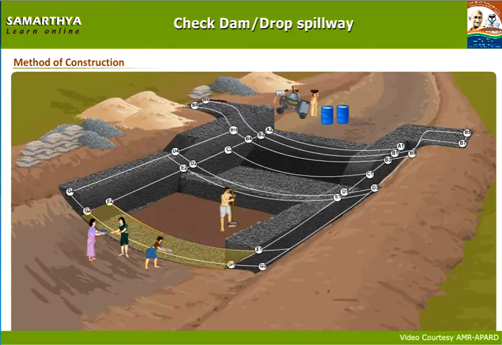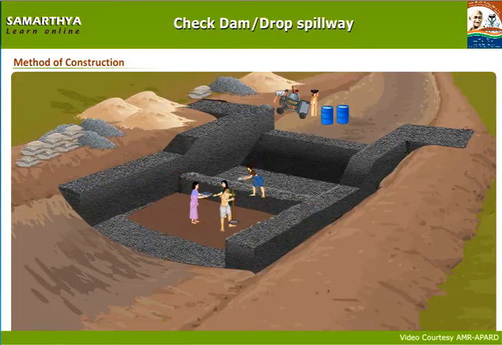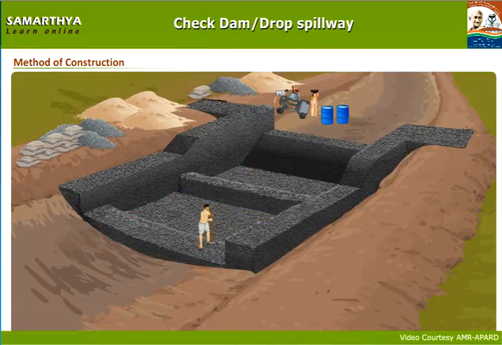The center portion of F1, F2, G2, G1 which shows toe wall and E1, E2, F2, F1 which shows loose apron, construct on all the three sides with 1:3:6 concrete mixture with 0.6 meters.